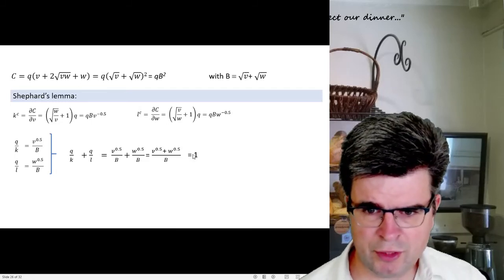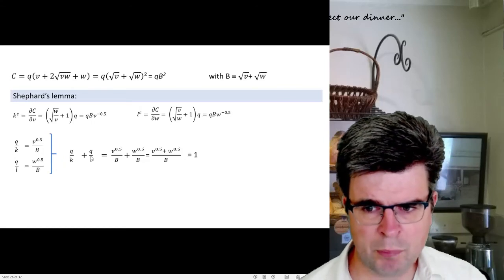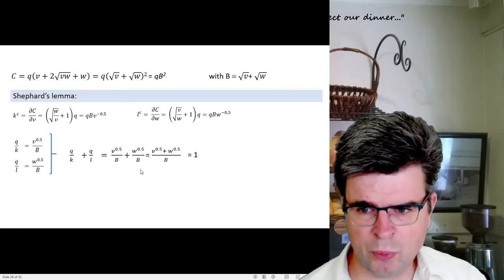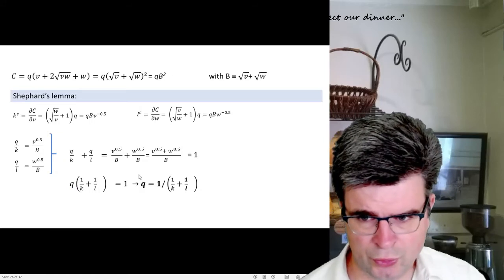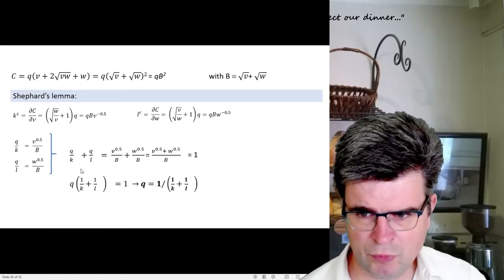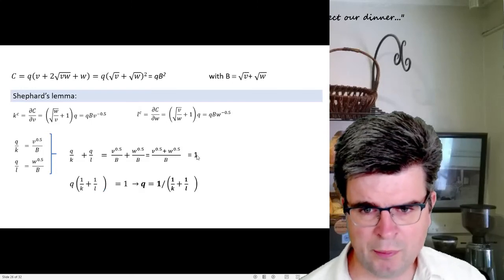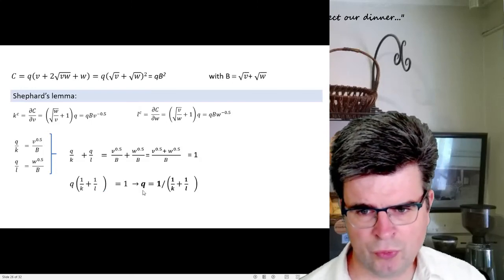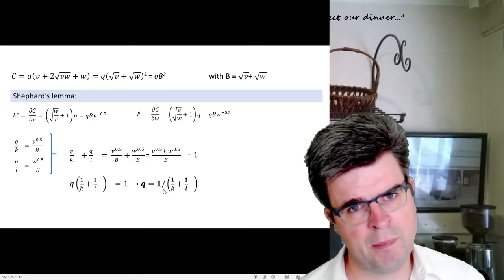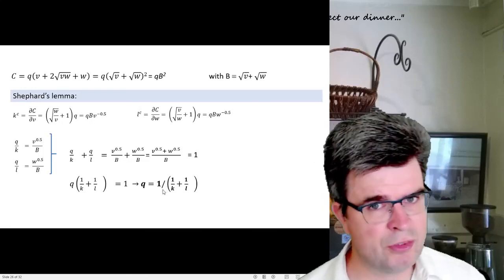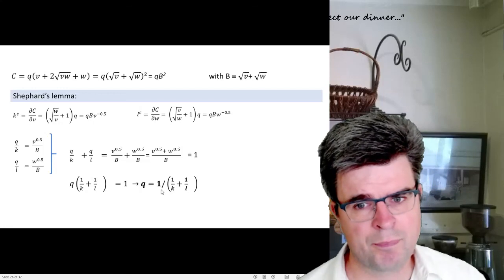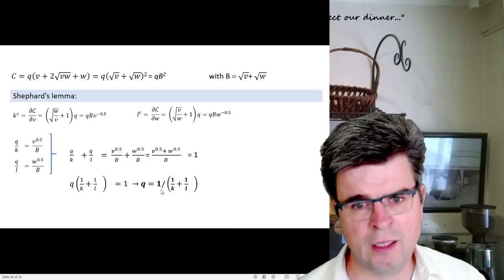So we arrive at an equation Q over K plus Q over L is equal to 1. Again, we solve for Q. So we can simplify this as follows by freeing up the Q. And then we solve for Q and we get the same expression as on the previous slide. And that completes the exercise.